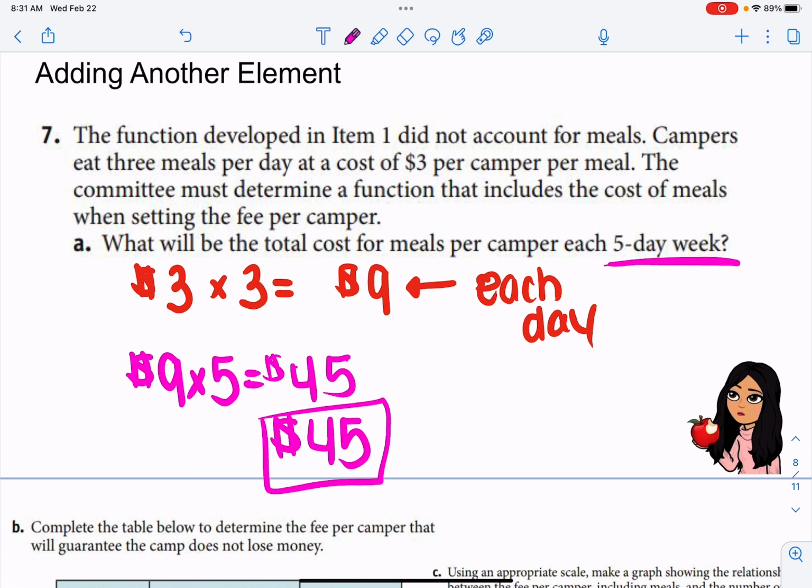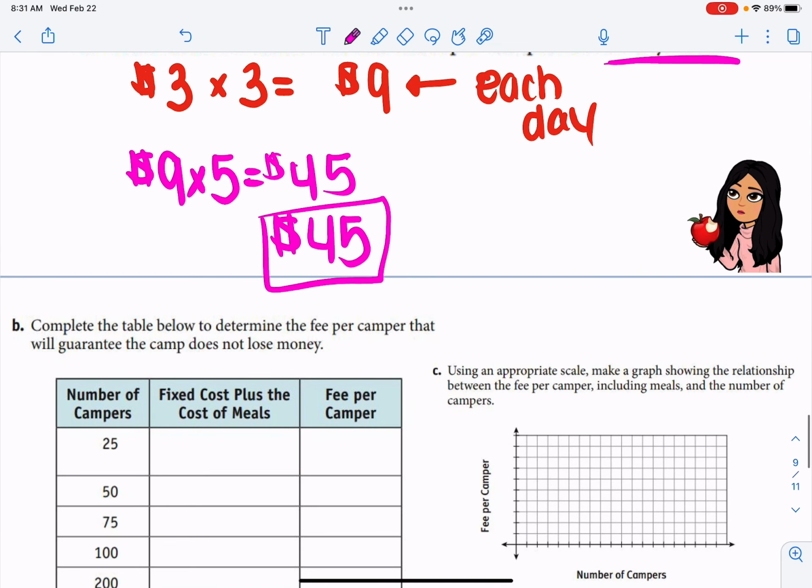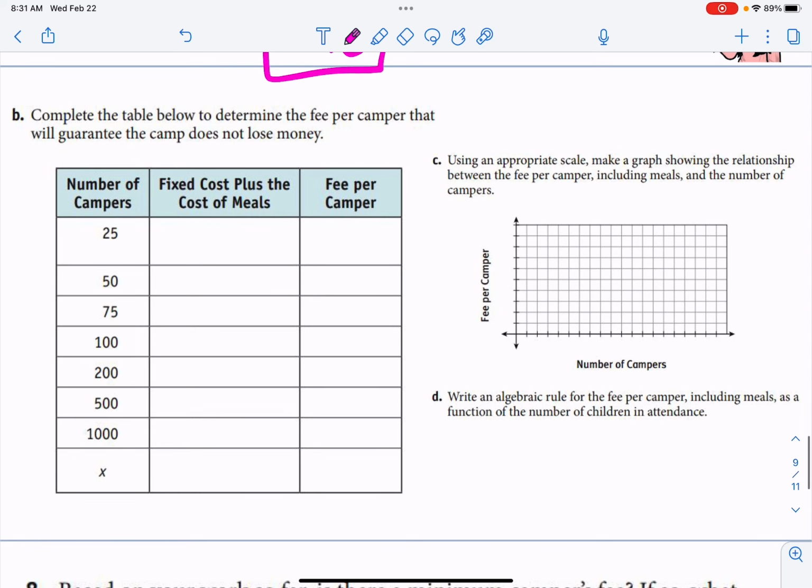Now, keeping that in mind, we're going to complete the table in both columns. You're given the number of campers, which I just copied from above, and you're going to be finding the fixed cost plus the cost of the meal. Remember the fixed cost was $12,000, and then it's going to cost them $45 each day, and the number of campers affects that.